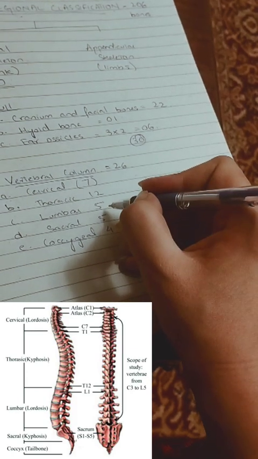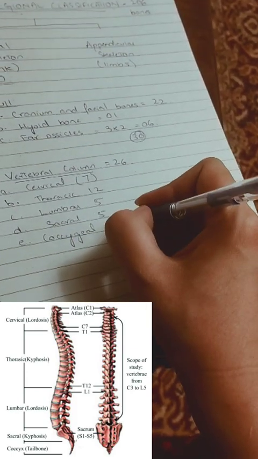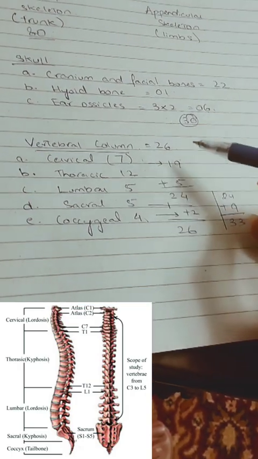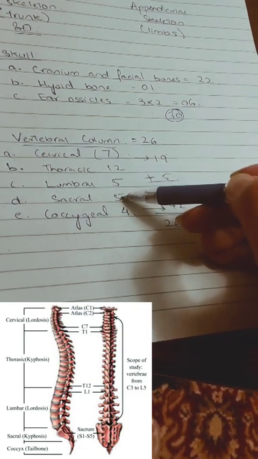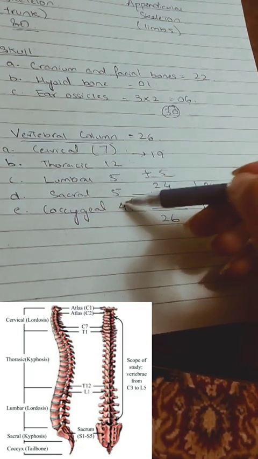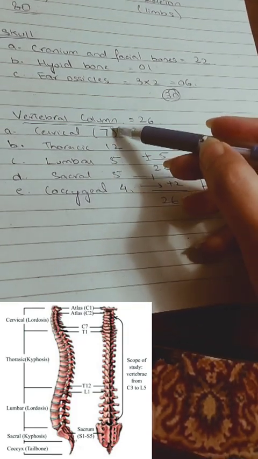So if we add all of these together, what do we get? Here I have done the math that if we count the 5 sacral fused ones as a single one and the coccygeal fused ones as a single one, we get a total of 26 bones in the vertebral column.